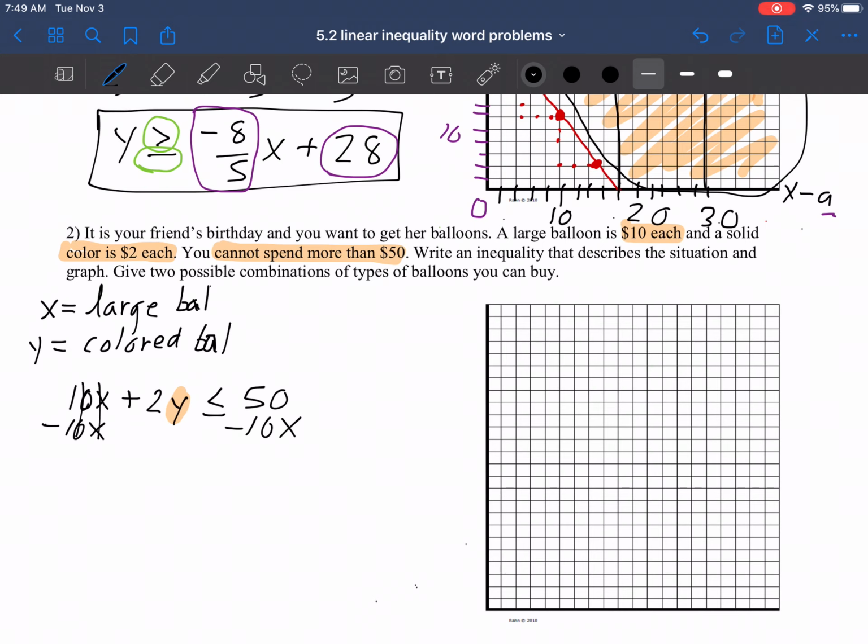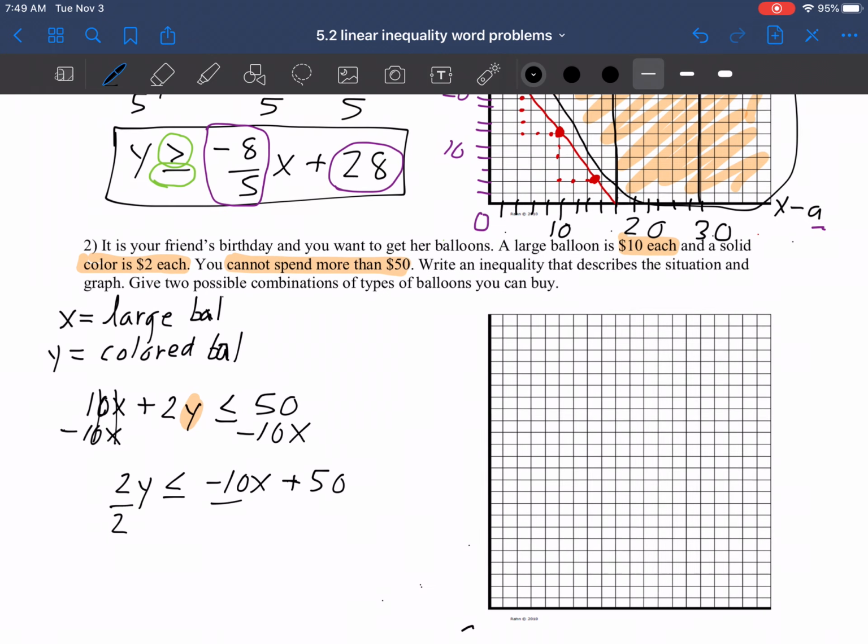That means a 2y value will now be less than or equal to a negative 10x plus 50. If I continue to get that y value alone, I would divide out 2, divide out 2, and divide out 2, which means that y is now going to be less than or equal to, simplify here, negative 5x plus 25.